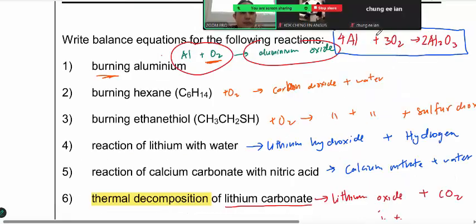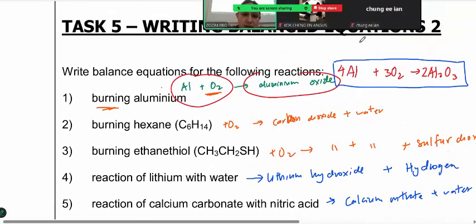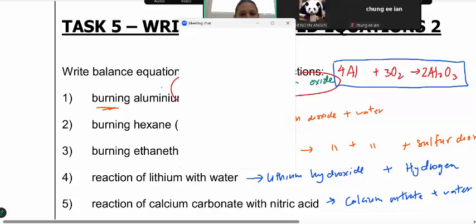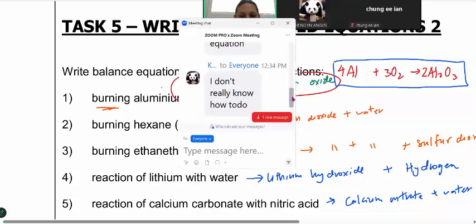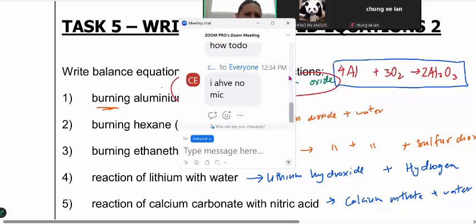Okay, this one, do you understand? Can you please stop? I don't want to read messages because I can't keep clicking up and down looking for your messages. Okay, Ian, are you there? Boys, I don't want to see messages. I want you all to answer. You have no mic.